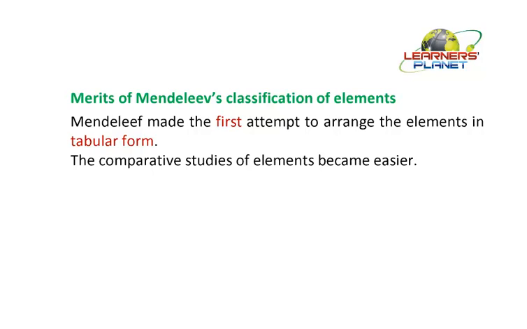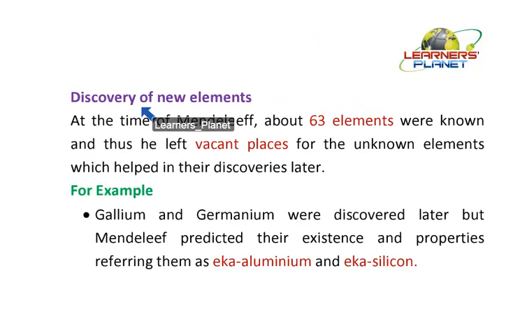So he was the first person to arrange elements in tabular form. The comparative study of elements became easier, because you can compare the properties of two elements. What else were the merits?